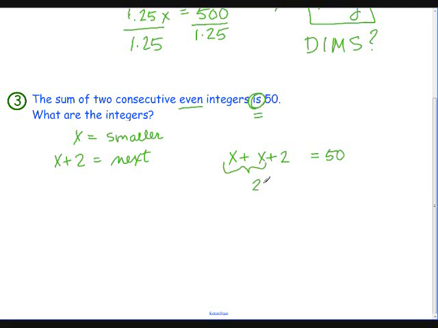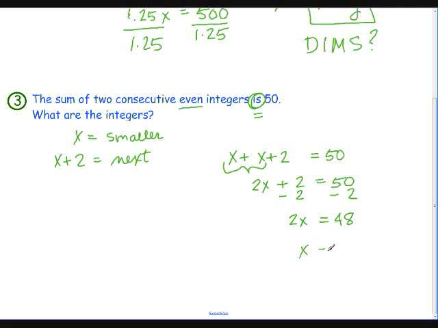I'll have 2x plus 2 equals 50. If I, at this point, use the addition property of equality, I will subtract 2 from both sides. 2x equals 48.